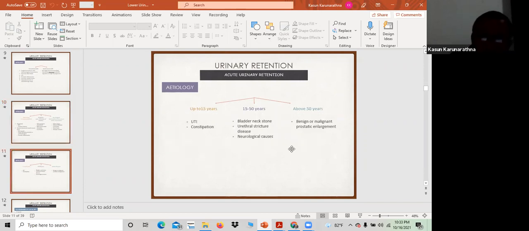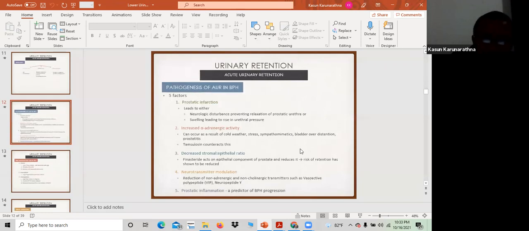There are myogenic causes. According to etiology, up to 15 years, acute urinary retention is due to UTI or constipation. From 15 to 50 years, it can be due to bladder neck stone, urethral stricture, or neurological causes. Above 50, usually benign or malignant prostatic enlargement, right?